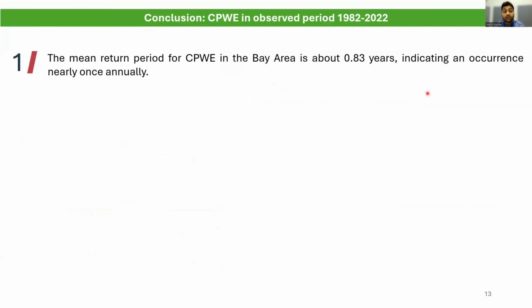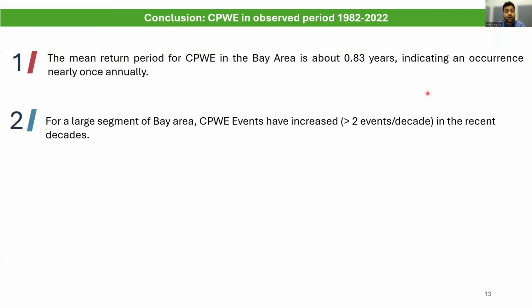First, the mean return period for these events in the Bay Area is about 0.83 years, which indicates an occurrence nearly once a year. And the second part is that for a large segment of the Bay Area, these events have increased, with a rate of more than two events per decade in the recent past.